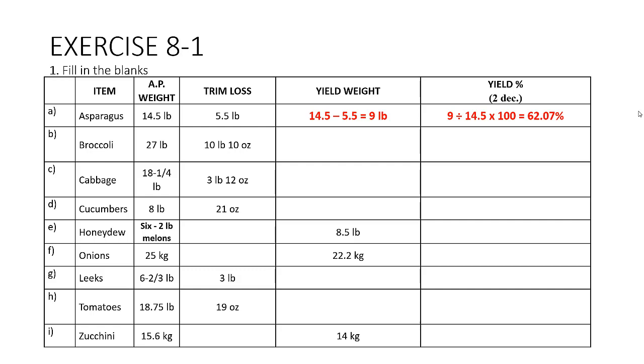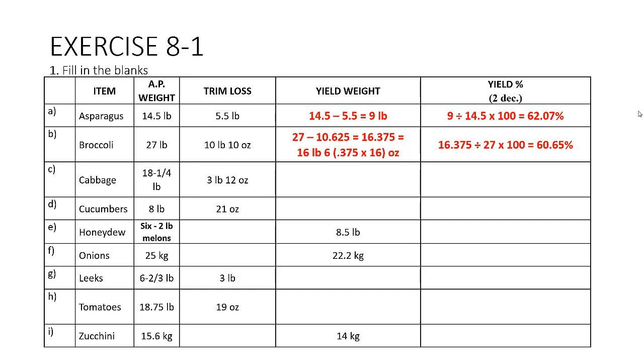We simply need to deal with the 10 ounces, and we do that by dividing 10 by 16 to get the decimal amount. So our trim loss in decimal form is 10.625. We subtract that from our AP purchase of 27 pounds and we get 16.375 pounds.